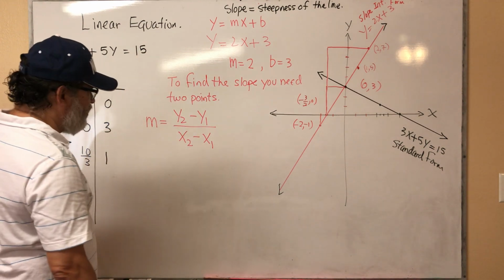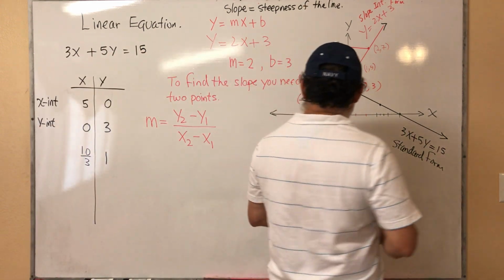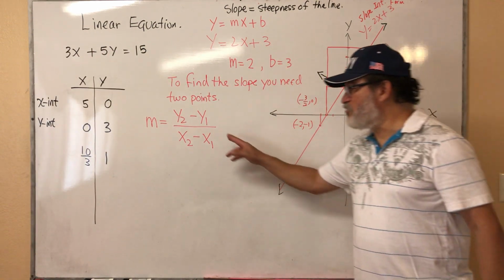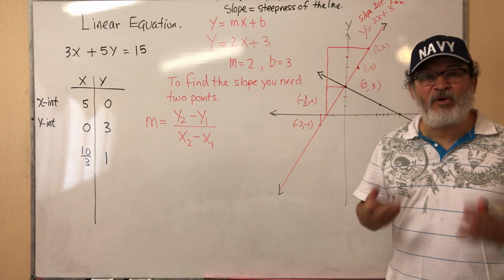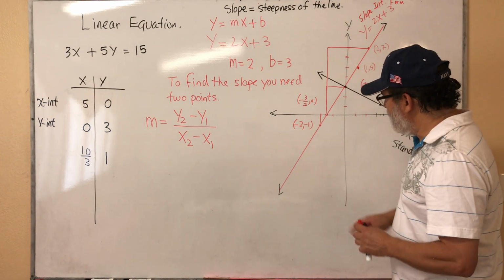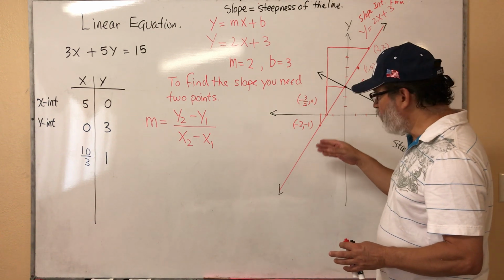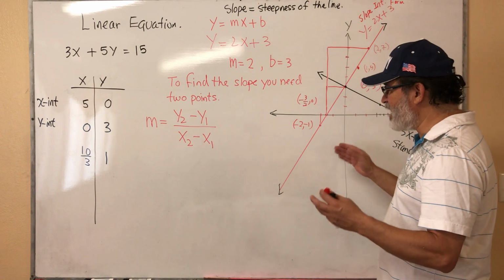Remember, if you're going to use this formula, you need the points. Say, for example, you go from here to there. We know how to do it if we have the graph. What if you don't have the graph? What if you just have the points?